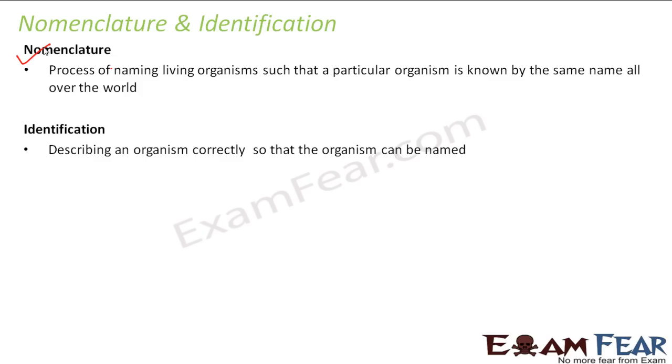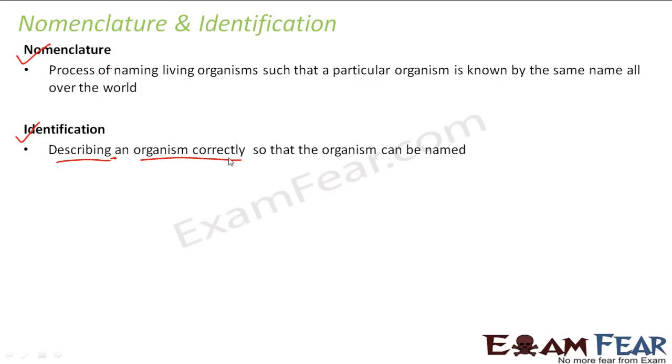Only if you have that knowledge of a pen can you write an essay on it. So if you want to name a particular object, you should have some idea about what it is, so that you can give a meaningful name to that organism. So in order to name an organism, identifying that organism is very, very important. That means describing the organism correctly, studying it and describing some of its characteristics or important features.